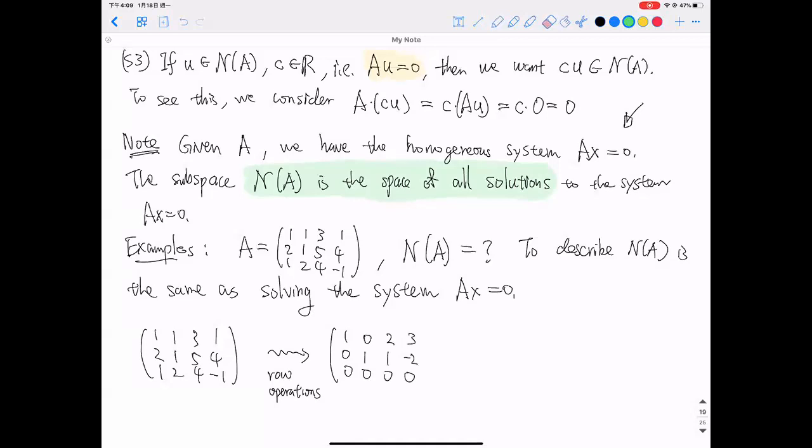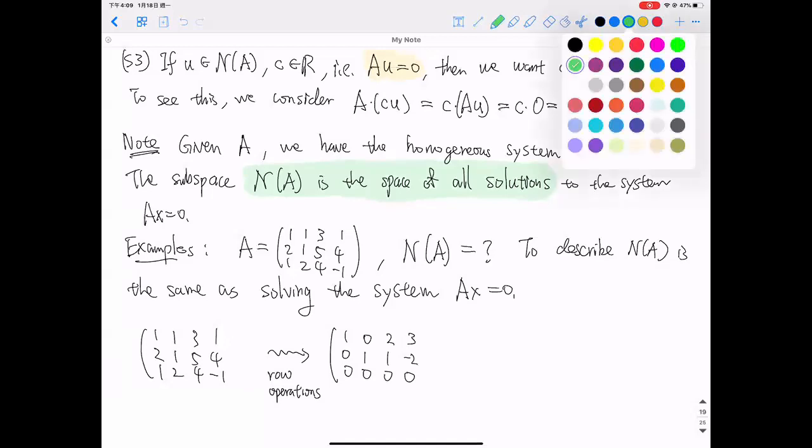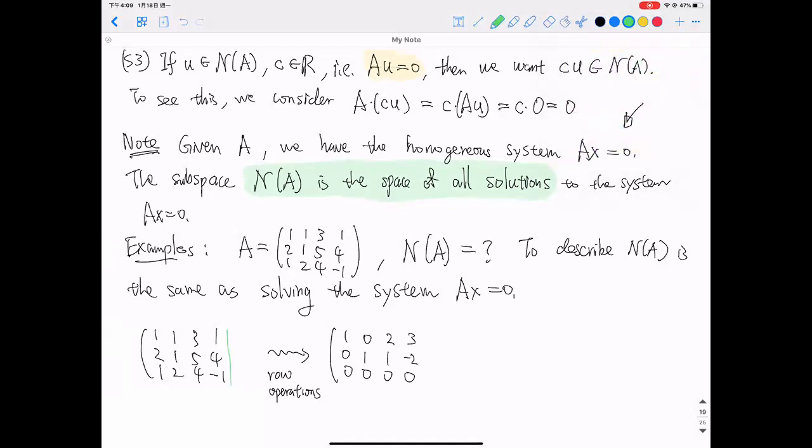Sorry. We should begin with the augmented matrix. That's if we are to solve a system, we should begin with the augmented matrix. All right.